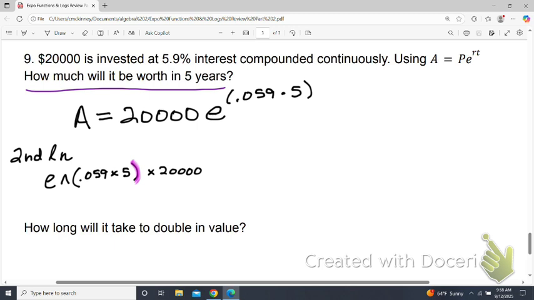If you put the 20,000 in second and you don't close it, you're raising E to like a much larger power instead of multiplying. So to check to see if you put it in correctly, you should get that it's worth $26,862.53.